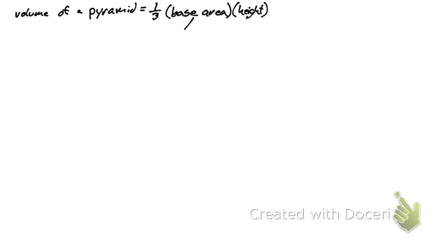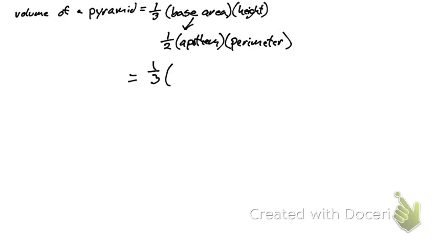Well, in this case, our base area, so that's a pentagon. To find the area of a pentagon, that is 1/2 our apothem times our perimeter. So let's throw that into the full equation. So we'd have 1/3.